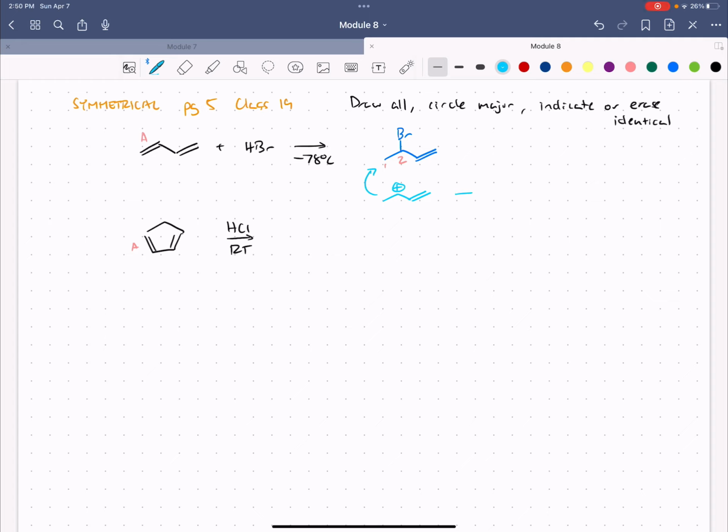Because to get the 1,4 product, we do resonance, and we get our second product, in this case, the bromine on the 4 position. 1 and 4. Circle the major. It's kinetic. Kinetic is always 1,2, and we only have one 1,2 product. It's this one here.